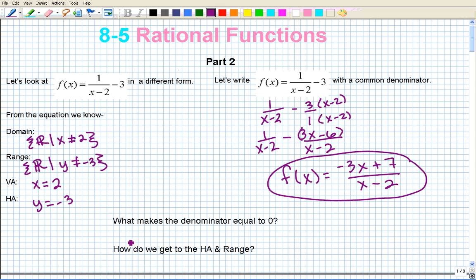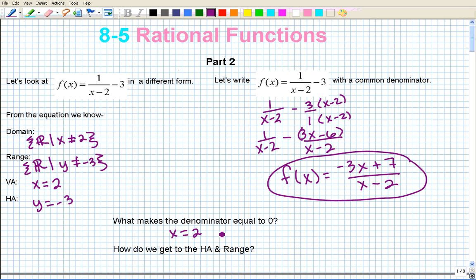So a couple of things to think about is what will make the denominator equal to 0. Well, if I take this x minus 2 and set it equal to 0 and solve for x, I would get x equals 2. So if I had an x value of 2, that would make my denominator 0.